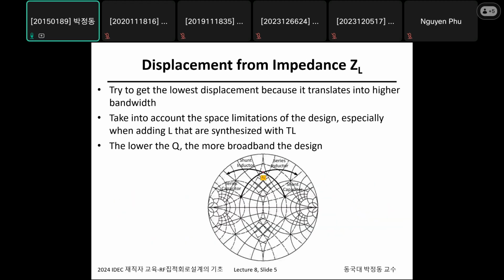Another thing that you need to understand is that we want to get the lowest displacement.